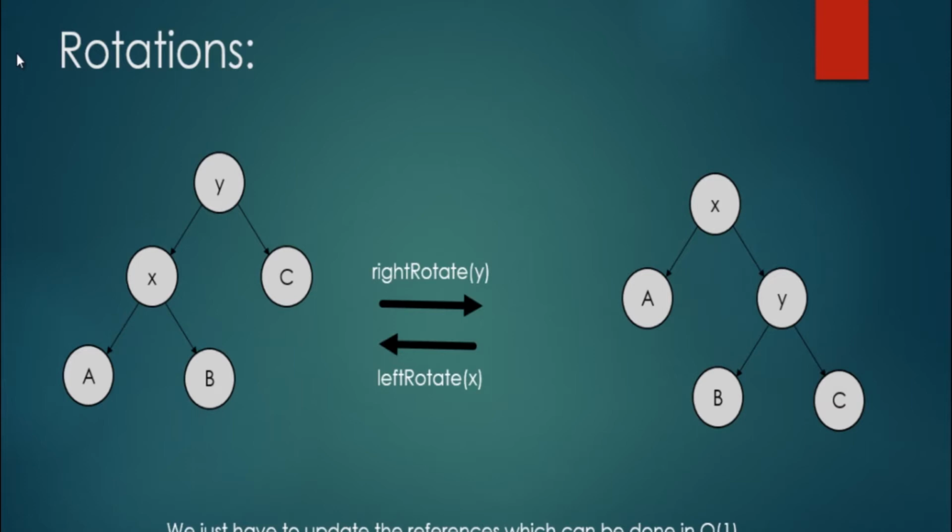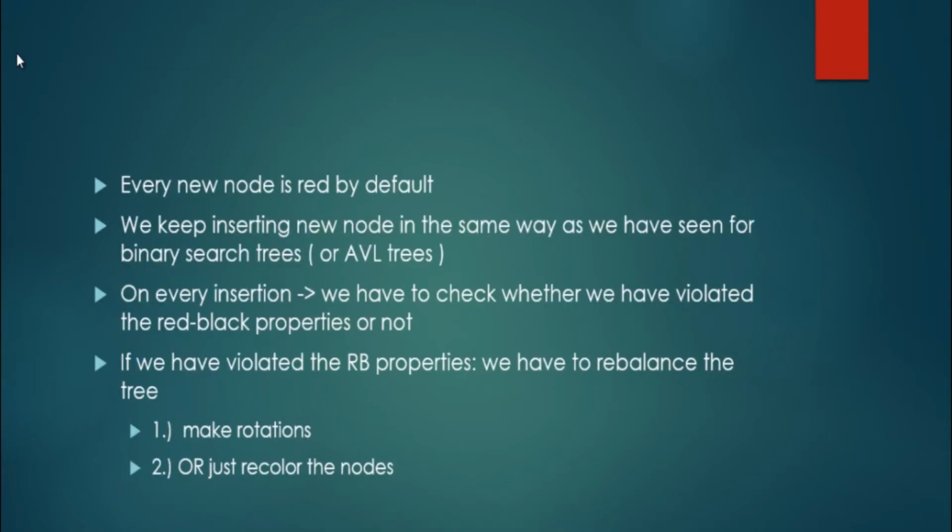So it's very important that we can do any of these rotations and the basic properties of the tree will not change. And by the way, it is very fast. We can do it very, very easily with these rotations. We just have to update the references.